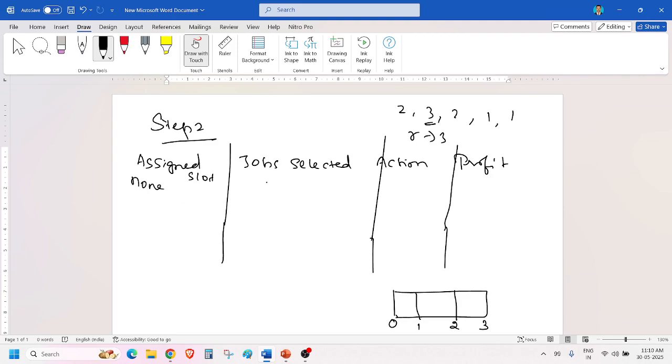So first job selected, as I told you in step 2, select job 1. So J1. The formula which I have taught you is R minus 1 comma R. So what you will get is 3 minus 1, 2, so 2 to 3. So job 1 is allocated here.